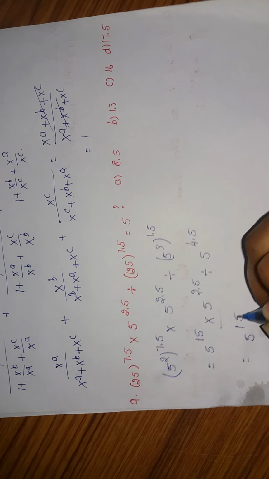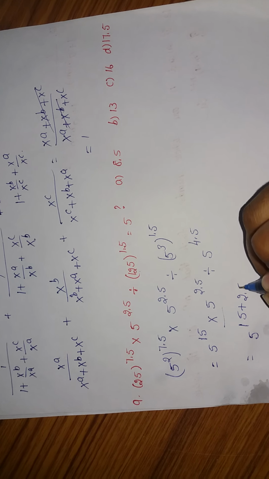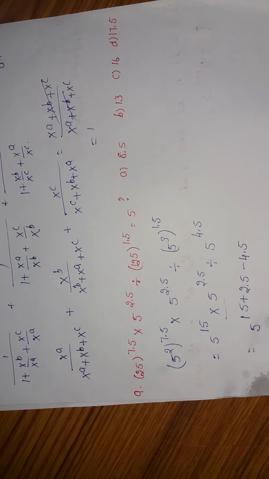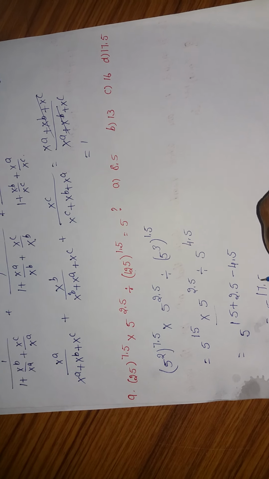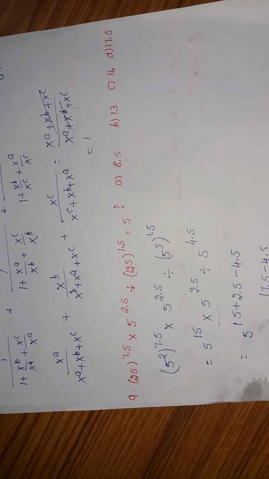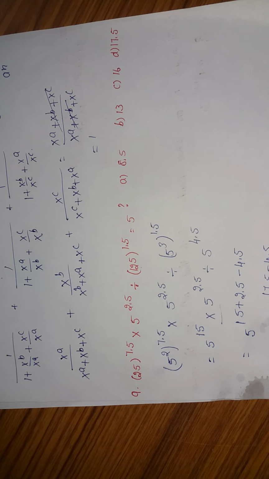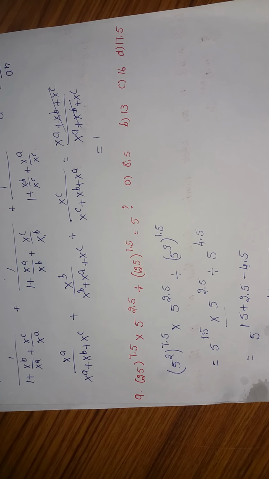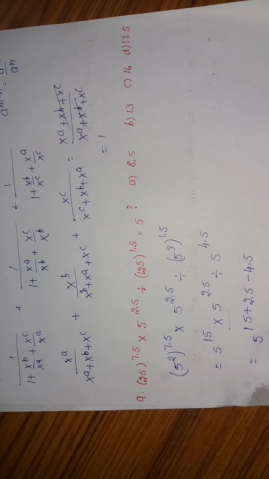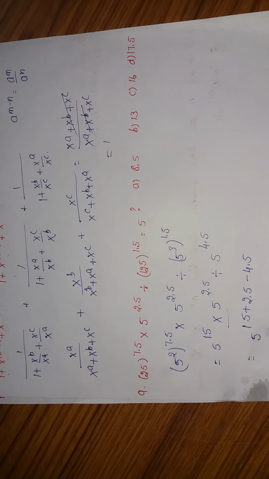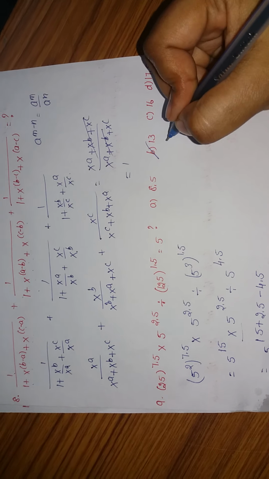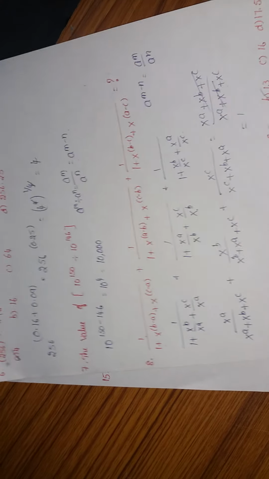So 15 plus 2.5 minus 4.5, that is 5 power 17.5 minus 4.5. So the answer is 5 power 13. So 17.5 minus 4.5 gives a result 13. So the answer for this question is 13.